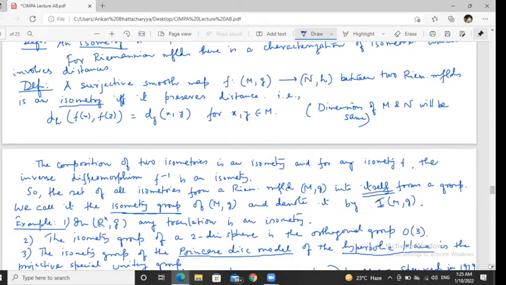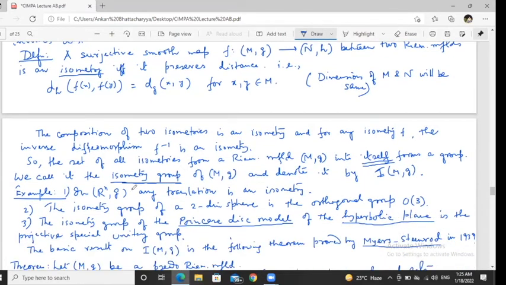Now, an important example is that every translation is an isometry in (R^n, g), n-dimensional R^n, where g is the usual metric. Any translation is an isometry. We can verify this easily.